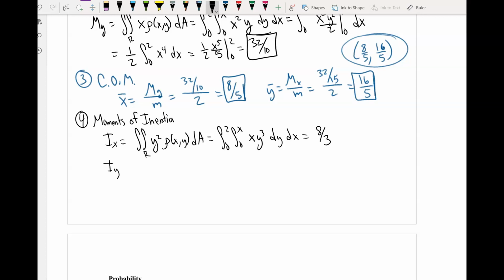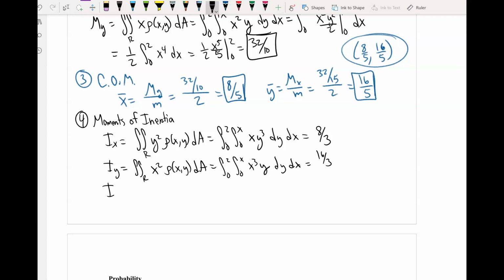Same thing with I y. So you're going to take the double integral over R of x squared rho xy dA. The integral itself is the same, but now in this case, you're going to get x cubed y dy dx. And again, you can also check that this is 16 over 3.